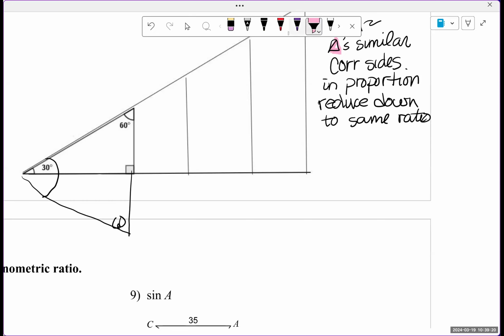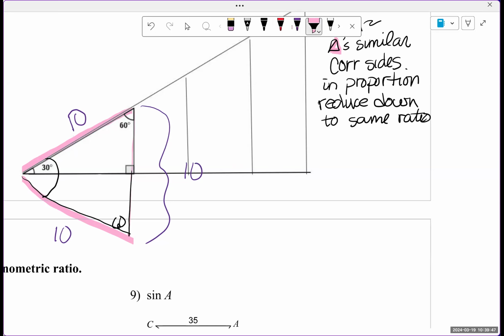Does everybody see that this would be an equilateral triangle? So let's make this side 10. Then this is 10. This whole thing is 10.